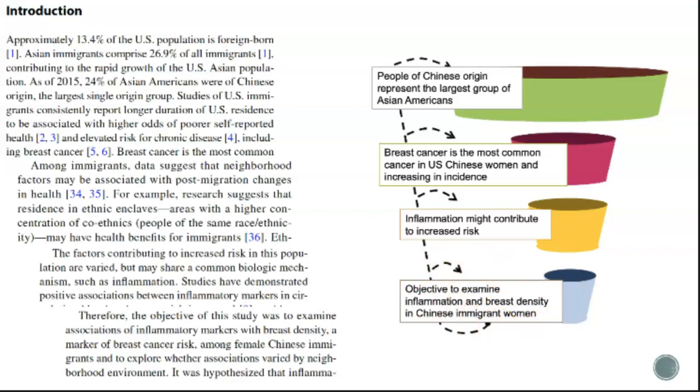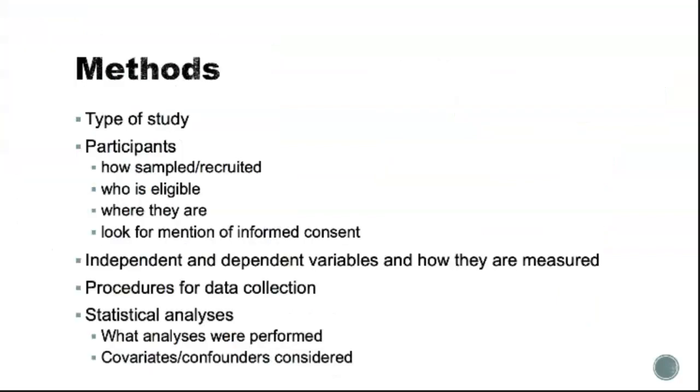They say the objective of this study was to examine associations of inflammatory markers with breast density among female Chinese immigrants and to explore whether associations varied by neighborhood environment. And then they actually include their hypothesis in here as well, but you can see how it starts off really broad, and then by the end of that introduction, you should clearly be able to see the purpose or the objective of that study. In the next section, you'll find the methods.